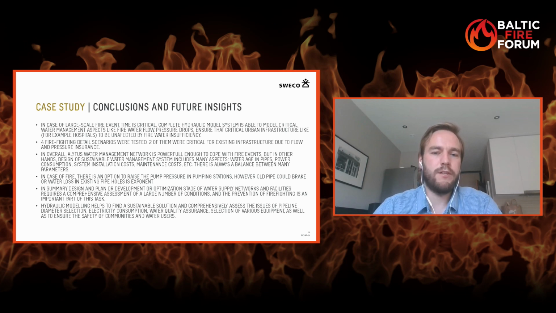Aspects like water age in pipes, power consumption, system installation costs, maintenance costs, and there's always a balance between many parameters. In case of fire, there is an option to raise the pump pressure in pumping stations. However, old pipes could break, or water losses through existing pipe holes increase exponentially.